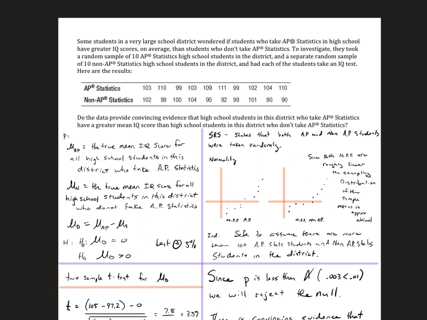If you guys wanted to make a dot plot, or a box and whisker plot, you could also compare them. And if you did, you need to look for skewness in their graphs because these sample sizes are small. I just like the normal probability plot, seeing roughly linear, therefore it's going to be approximately normal.